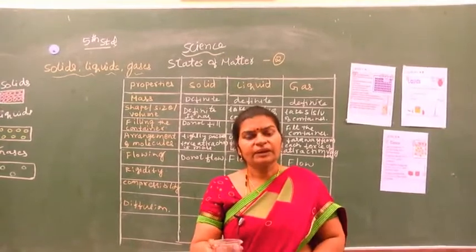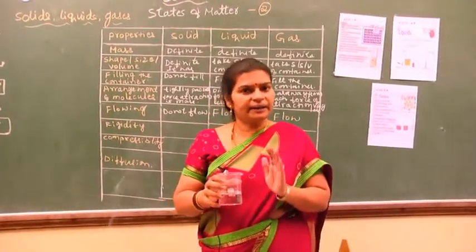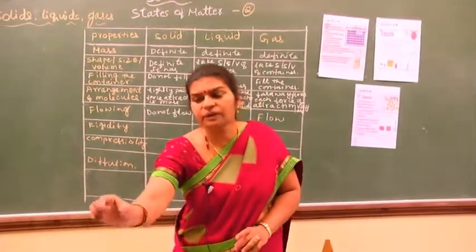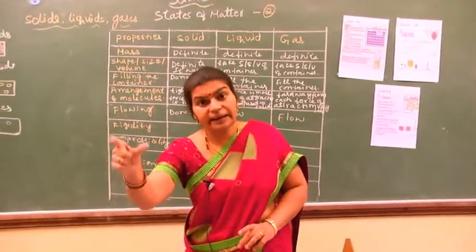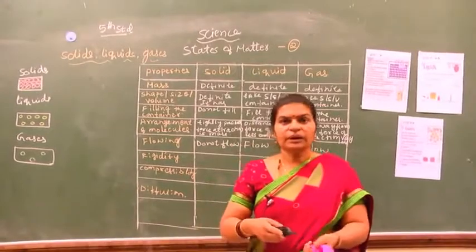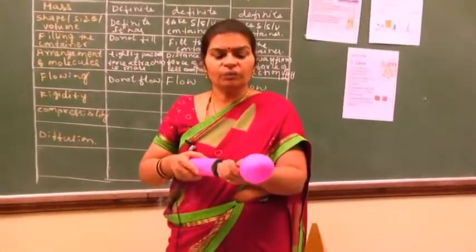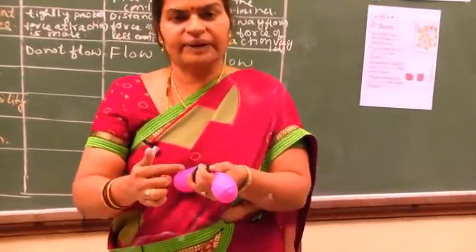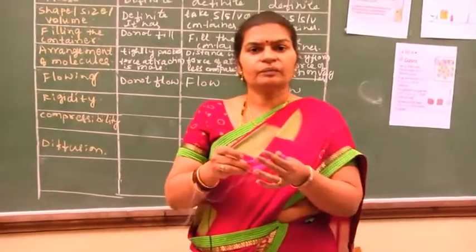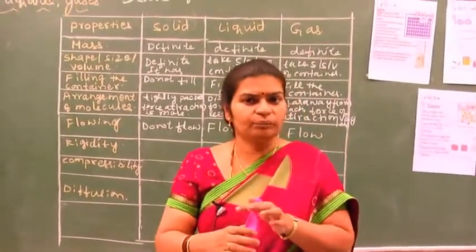Then the next one, when we consider water, it is going to change its shape according to the container in which I put it. In the same way, consider air. When I blow up the balloon, the air occupies the space inside it, and if I let the same air go, what happens to the shape of the air that was inside the balloon?